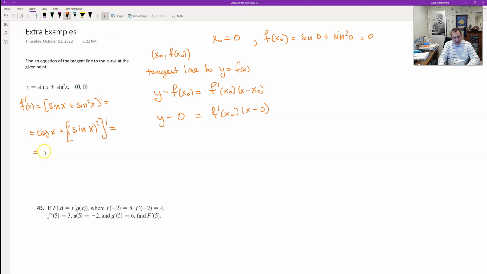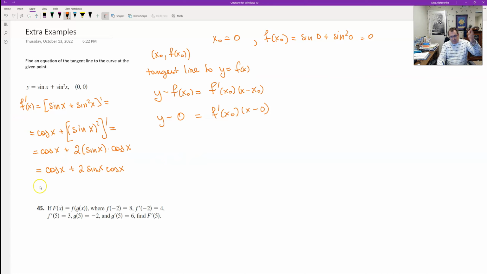So applying the chain rule in the second term, we have 2 times sine x, and then we need to differentiate sine x, obtaining cosine x. So here's the expression for the derivative: cosine x plus 2 sine x cosine x.